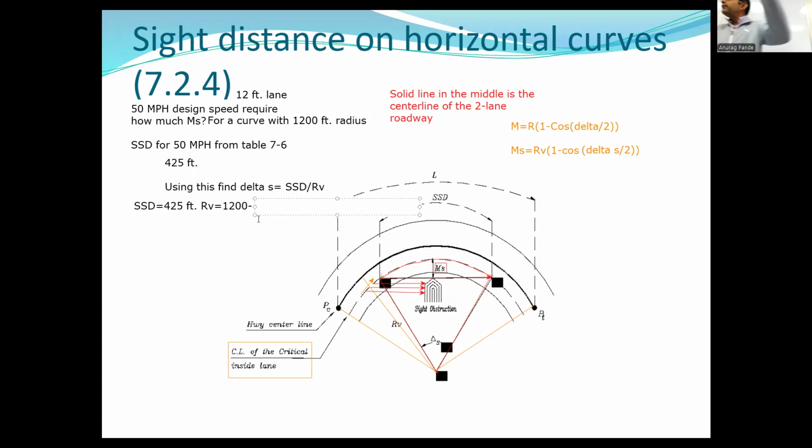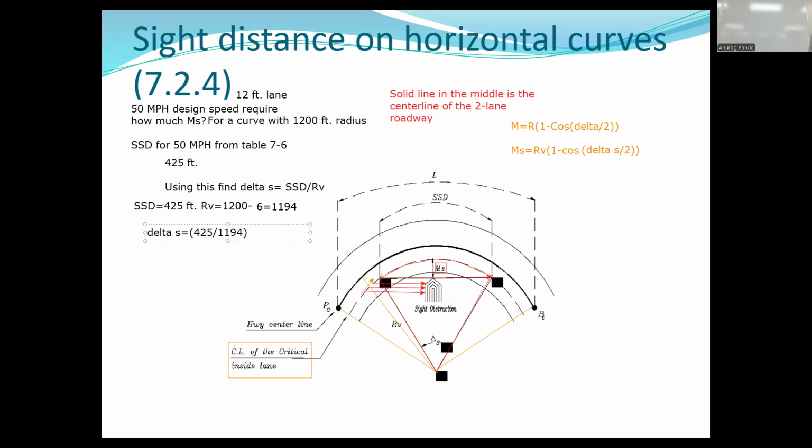Yeah, 6 feet, half the lane width. So the RV value will be 1194. And then once you have the RV value, your delta S will be 425 divided by 1194, but that's going to be in radians.